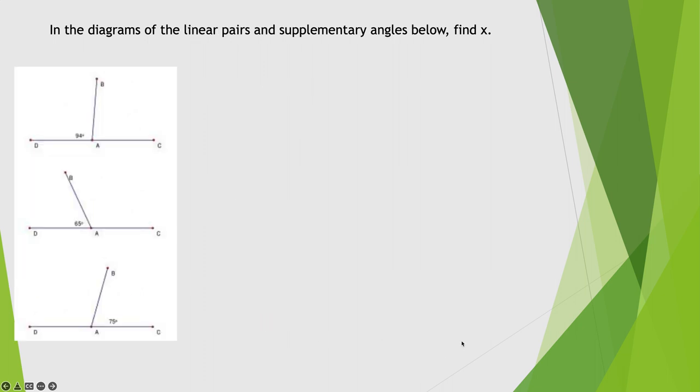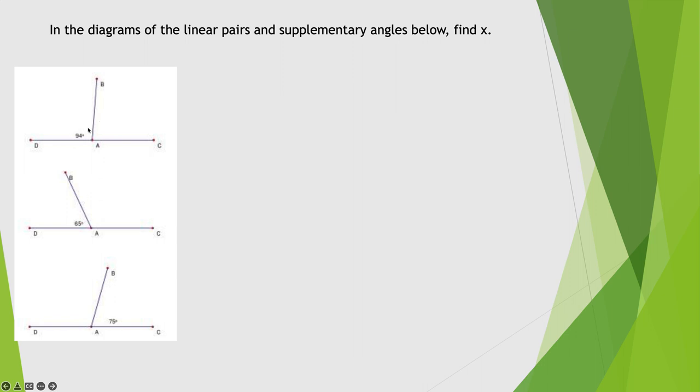Now we go up to linear pairs and supplementary. So you'll notice in each of these diagrams, the angles on the left and the right are adjacent. That is, they share an edge in common. And you'll also notice that they form a straight line, which means they add up to 180 degrees.